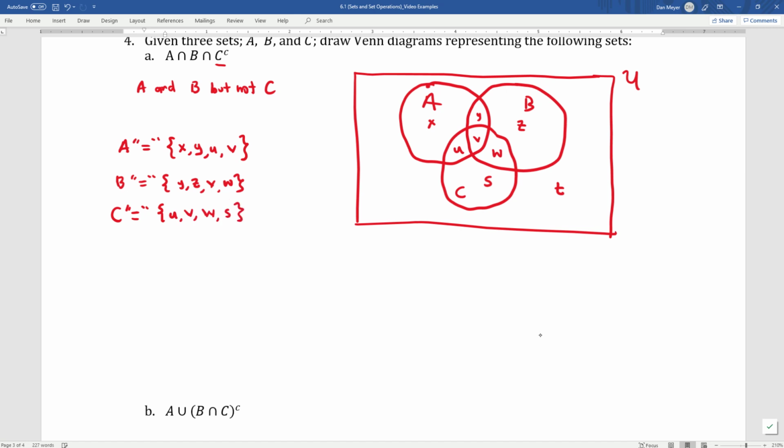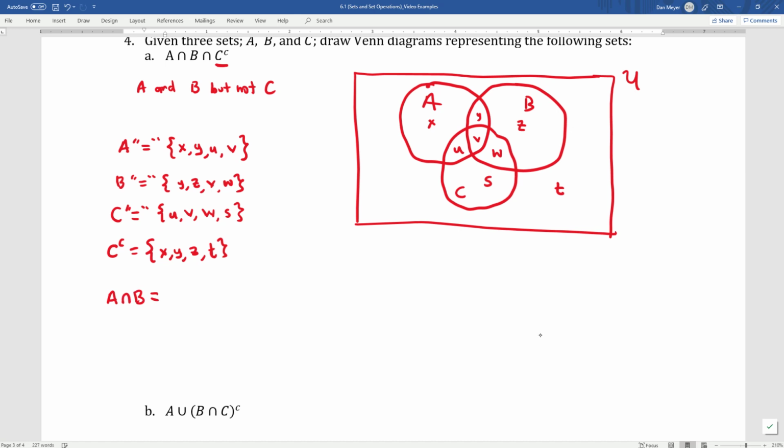All right, so we had to do C complement first. If I write down C complement, that's going to be all the things that are not in C. So we have X, Y, Z, and T. Then if I do A intersect B, once we get that C complement, we move from left to right.